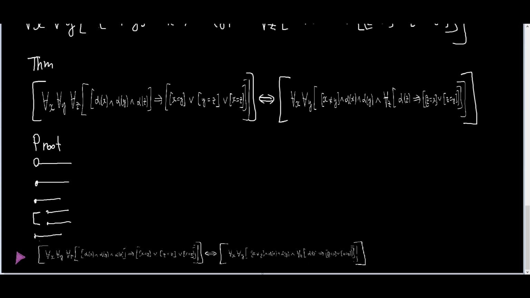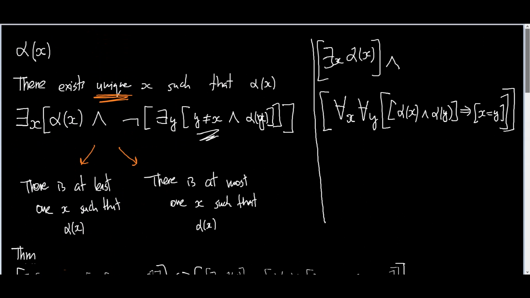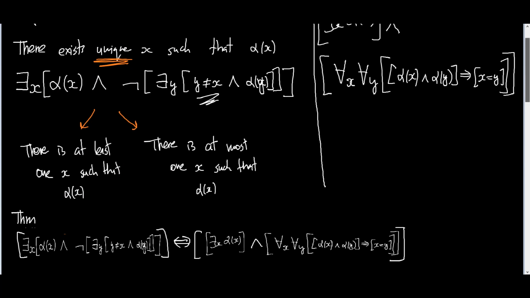Okay, great. So the purpose of this video was to look at some examples of how to translate an English statement into a mathematical statement. And we looked at a few examples which are highly relevant.